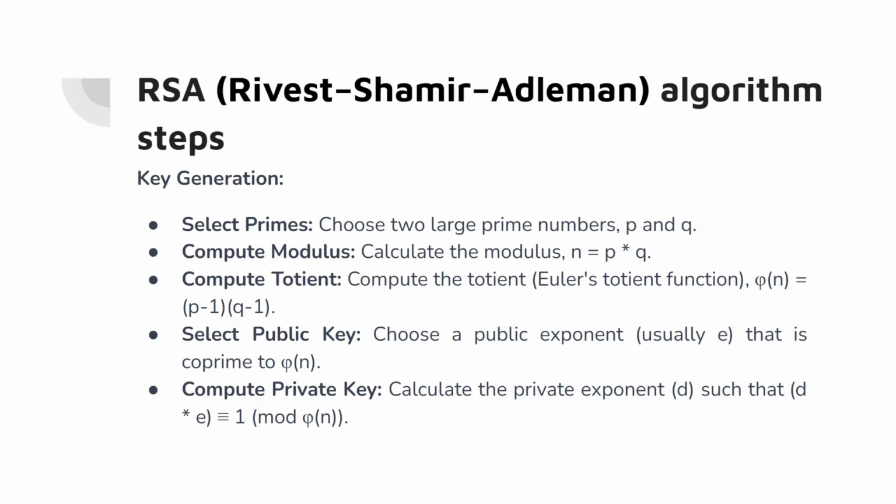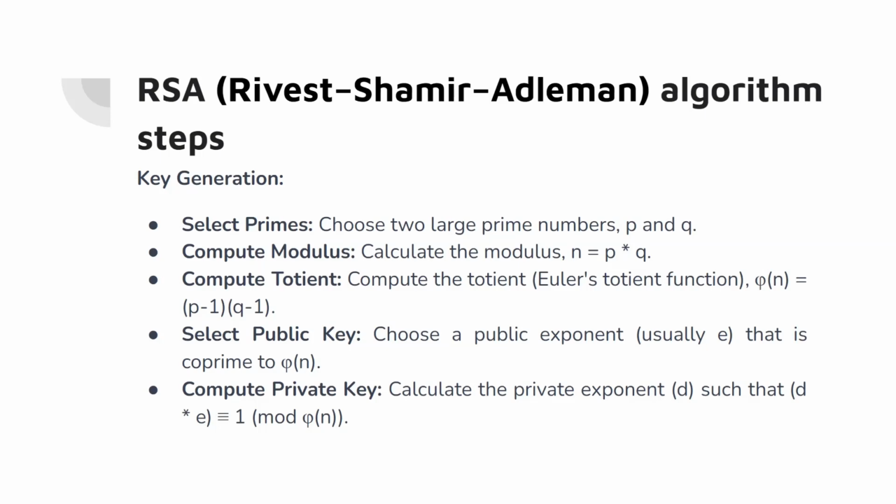Then we have the public key selection, which is a public exponent E, but we need to ensure that it is coprime to the calculated totient.